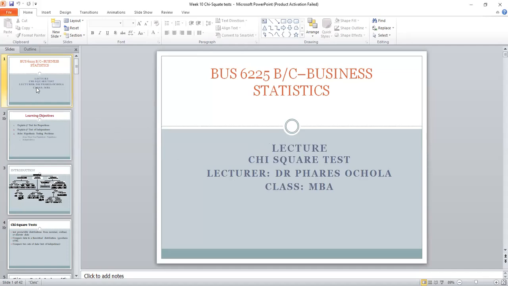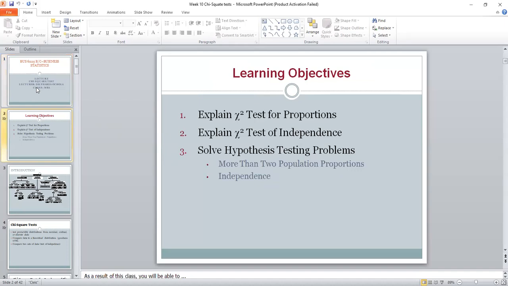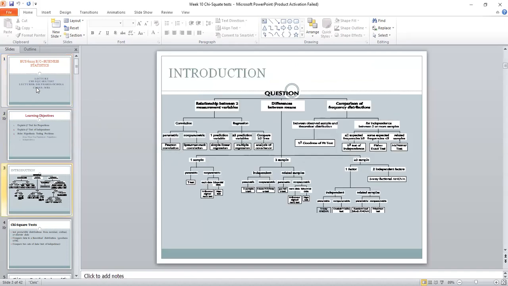Before I go to the chi-square test, forget about what I've written here. These flowcharts I've given you here are all the possible statistical tests you can ever undertake in life.